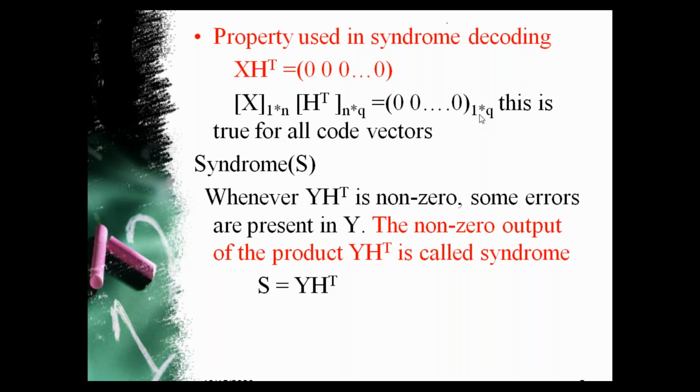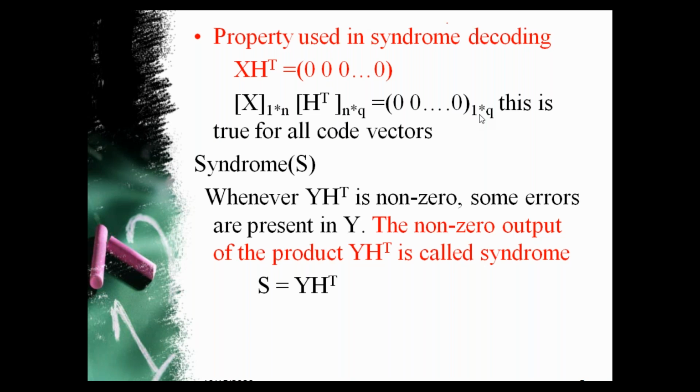Here the property is that X into H transpose is a 0 vector, where X is a valid code word. If we take any valid code word of the linear block code and multiply it with the H transpose matrix, it gives a 0 vector. Y is the received code word, and if Y into H transpose is 0, it means there is no error.